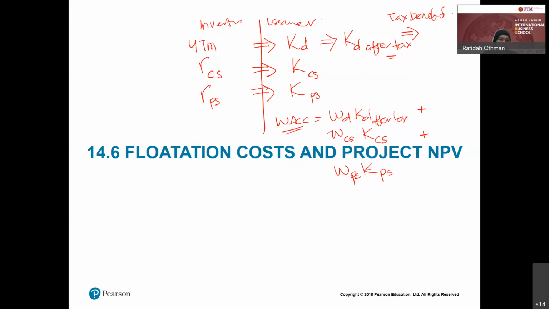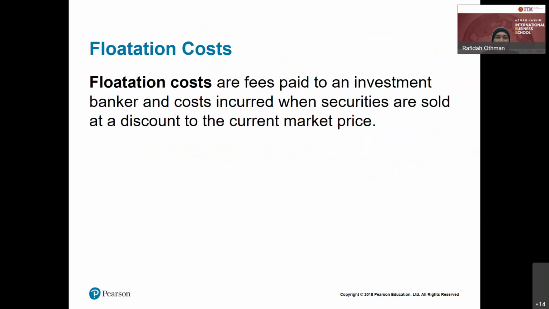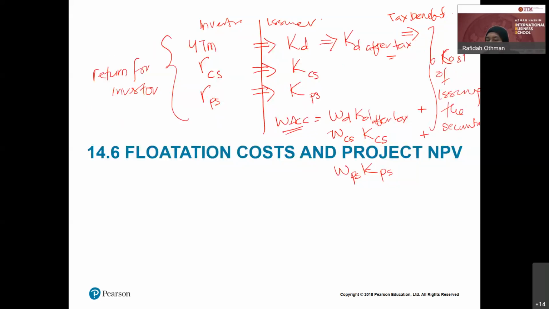What we understand is that the investor is looking for the return on the investment, but for the company this is the cost of issuing the security. We have discussed this.